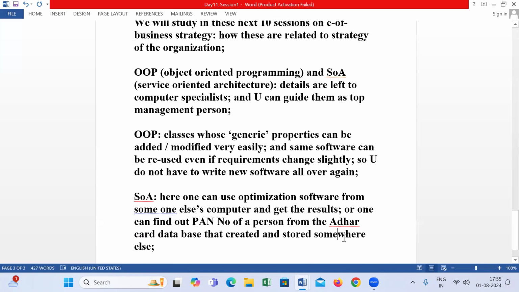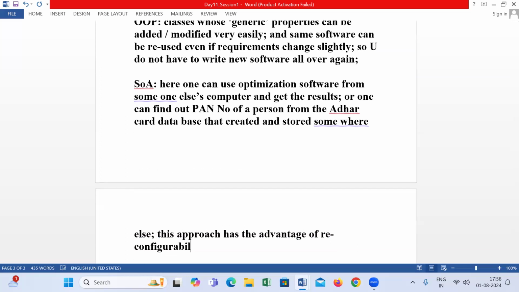So the beauty here is as the requirements change, one can reconfigure your system. So this approach has the advantage of reconfigurability.